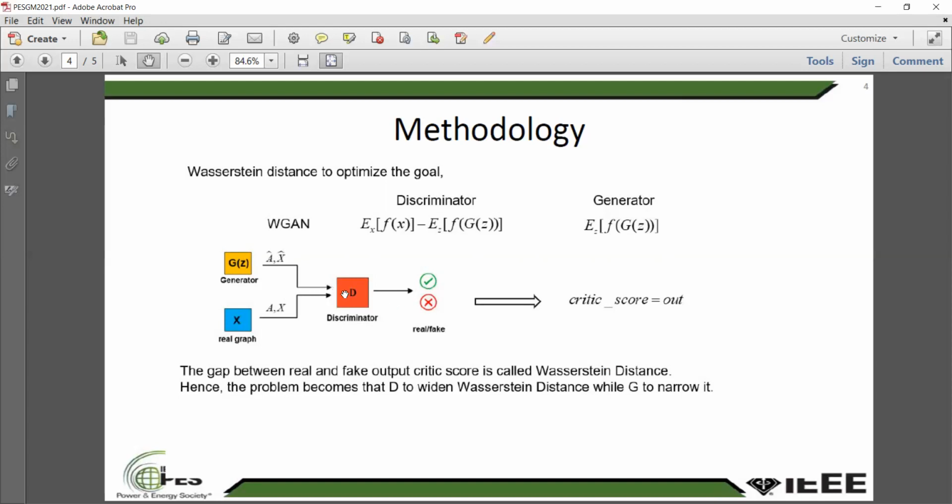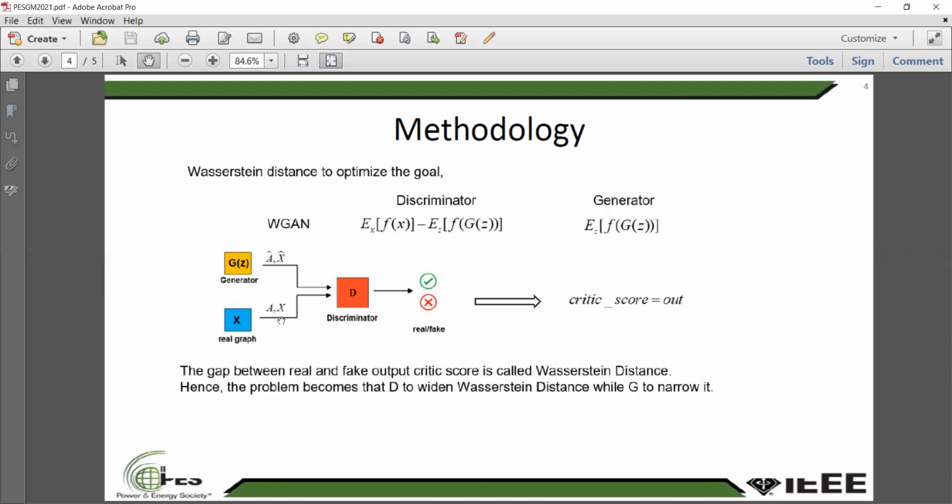After iterations over time, the generator becomes very strong and generates feeders that can mimic the real world ones. That is our goal, how it looks in the topology and the attributes.